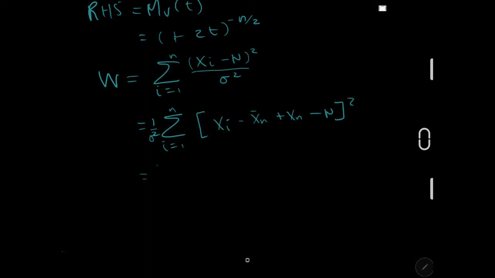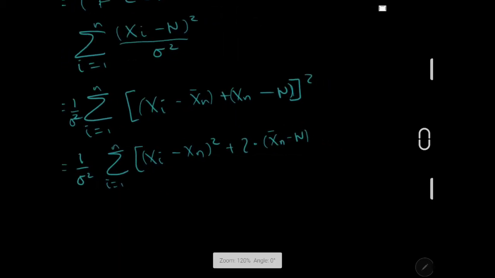But what this allows us to do is put brackets here and use the square formula, or the binomial formula. So this is going to be equal to the xi minus xn bar squared, that's the first term, plus 2 times xn bar minus mu.